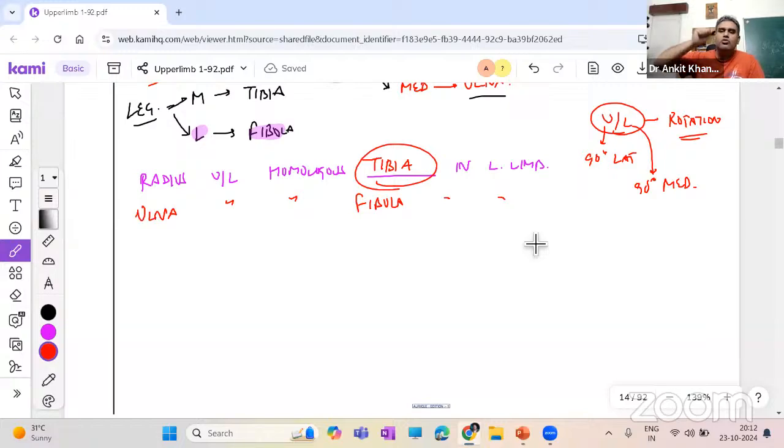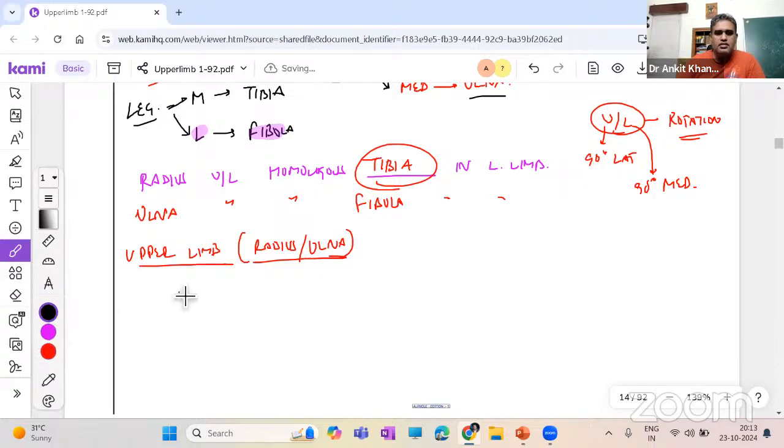Can we do a screwing movement like we do with the upper limb, so easily with our foot or leg? The answer is no. Therefore, in the upper limb, related to the radius and ulna, we have a totally different set of movements, known as supination and pronation.